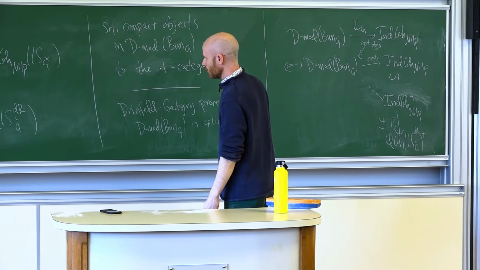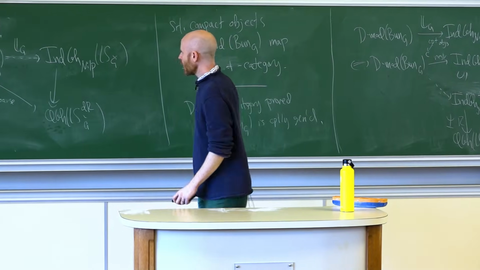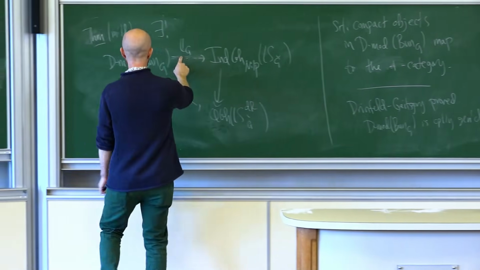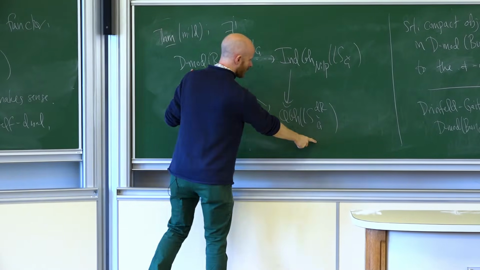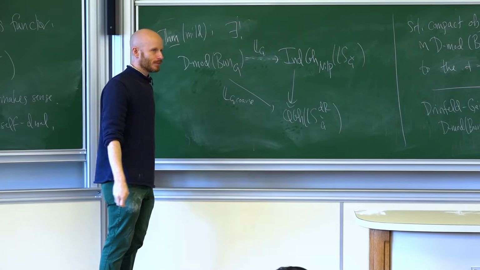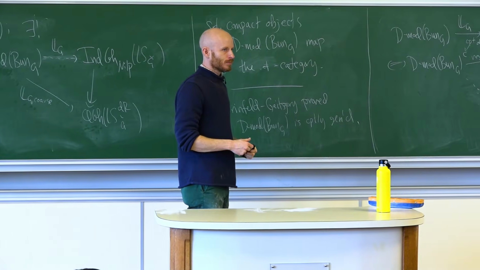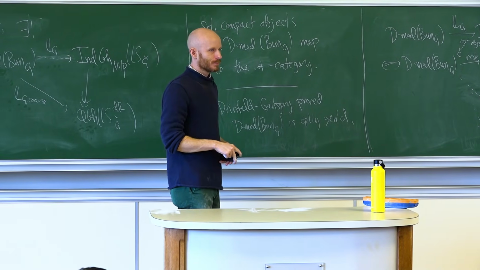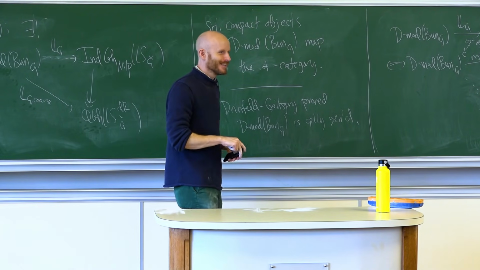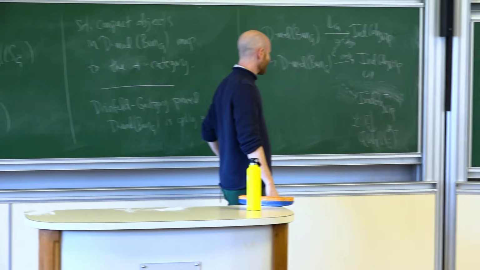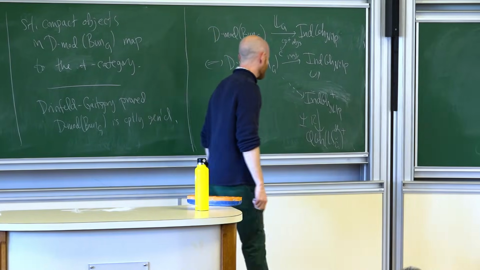Yeah, and I guess the content of the existence statement is that compact objects here map into the plus category down here. And isn't it also exactly the opposite of what? Oh no, it's the same as what people usually mean by D plus. Okay. All right.